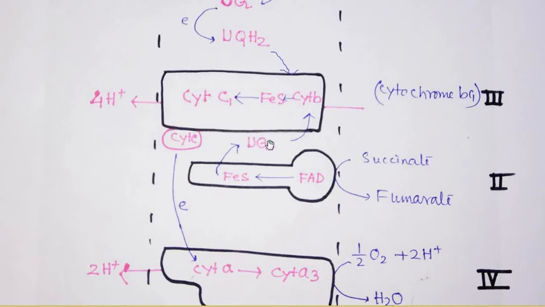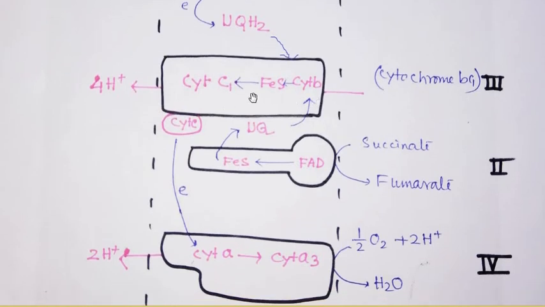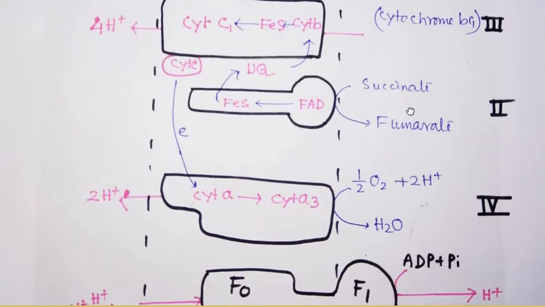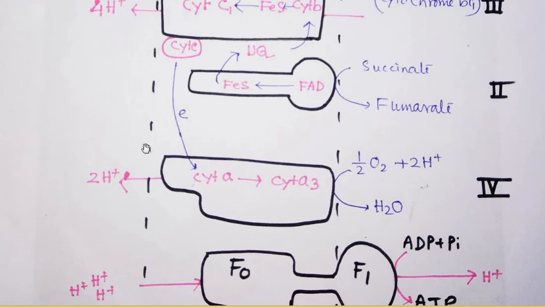In this way, the electron from ubiquinone is transferred to the cytochrome C. And during this electron transport, 2 H+ ions are pumped from the inner matrix to the outer chamber. Next, complex 4. This is complex 4, also called cytochrome C oxidase.